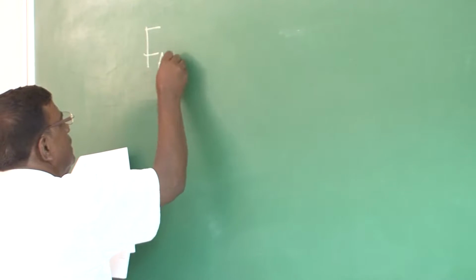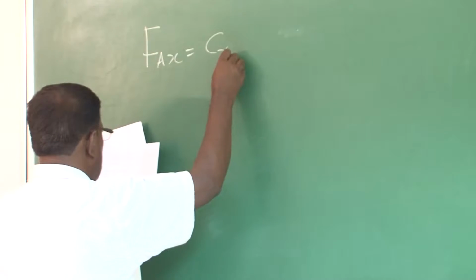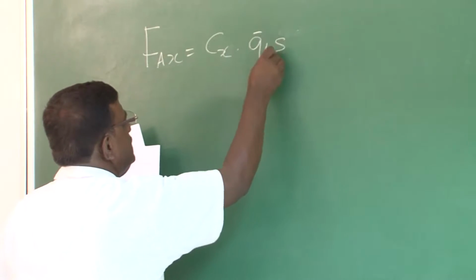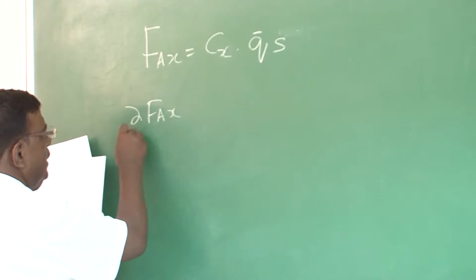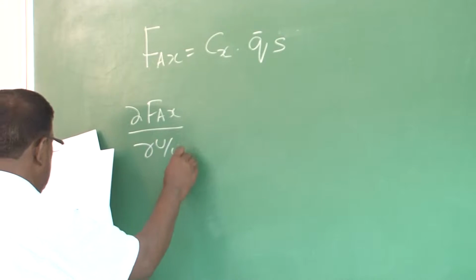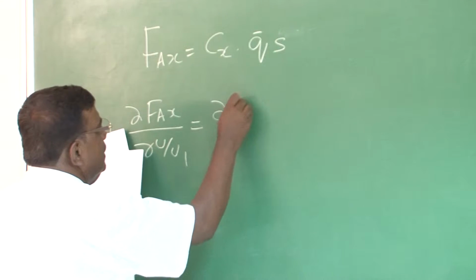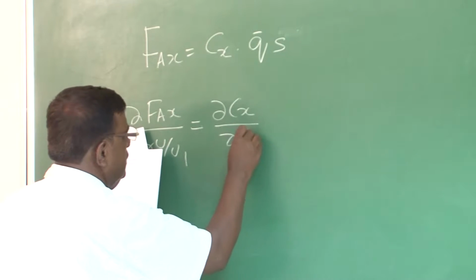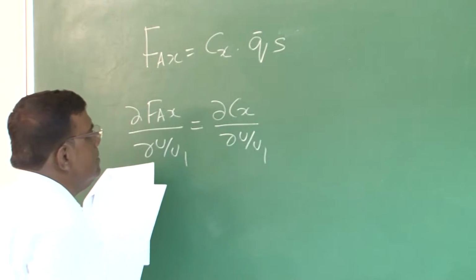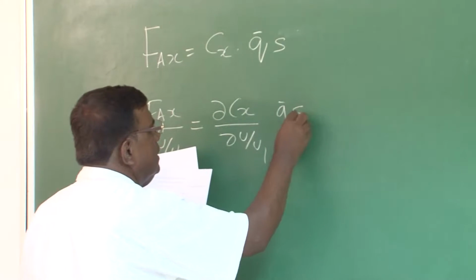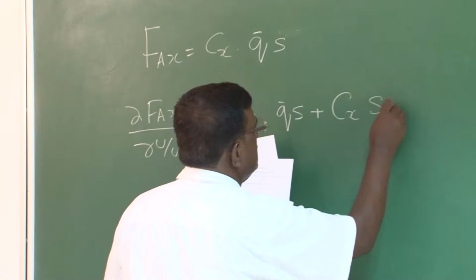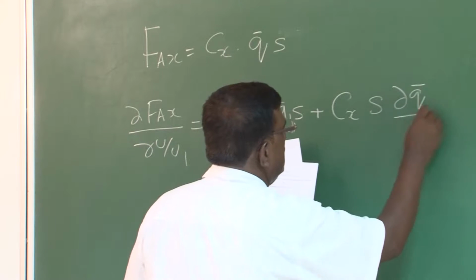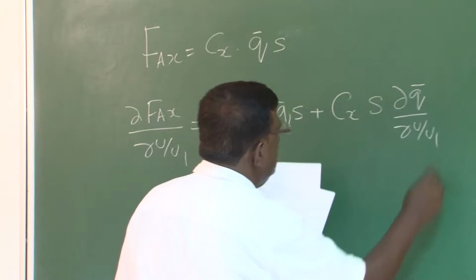Fax is equal to Cx q bar S. This is very mechanical, so follow my steps. d by d(u by u1) will be equal to dCx by d(u by u1) into q bar S plus Cx into S dq bar by d(u by u1).